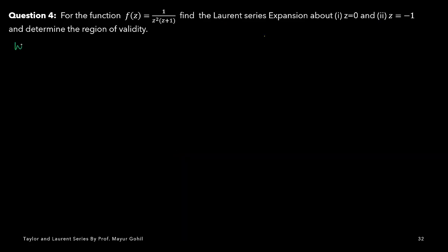So when expansion is about z equal to minus 1, what do we have to do? We need first of all in our function all across, what is the term that we need? We need z minus z0, where z0 equals minus 1, that means z plus 1 equals 0.